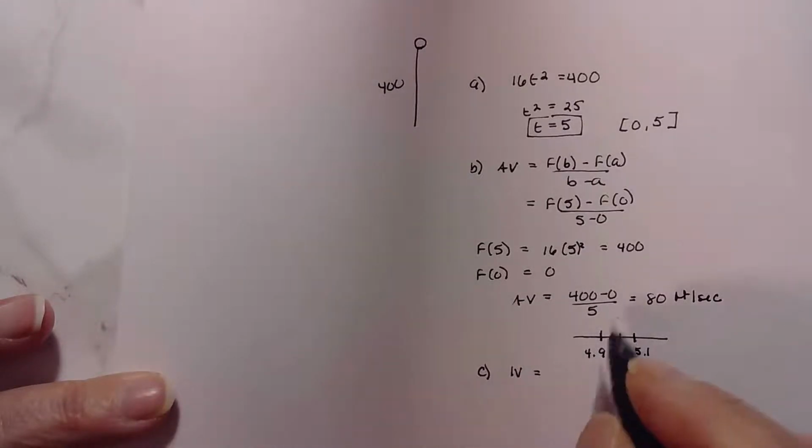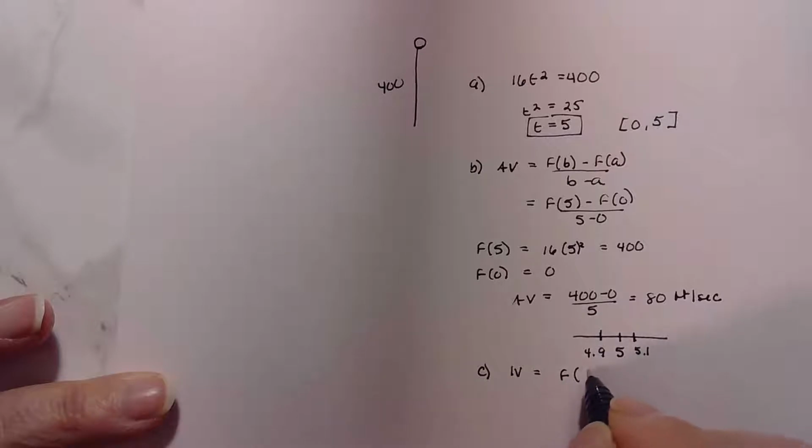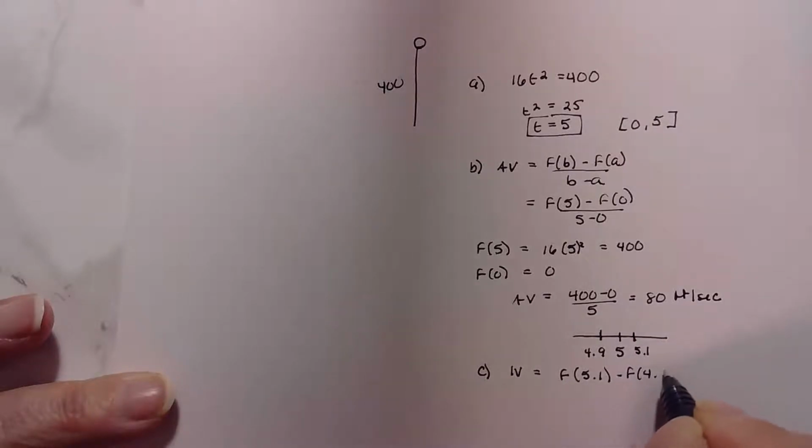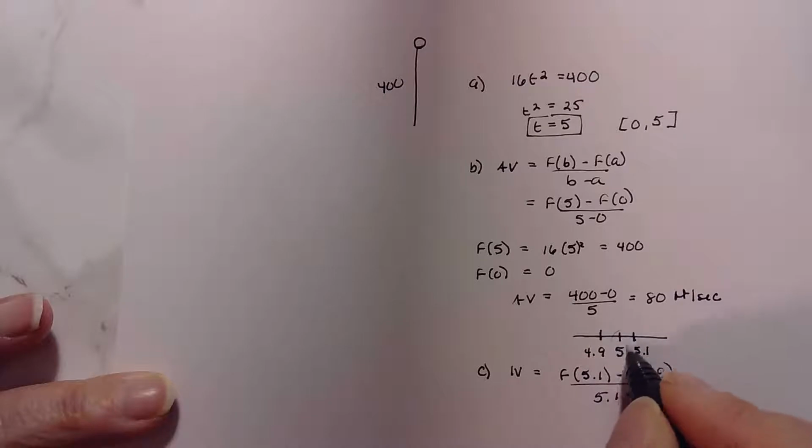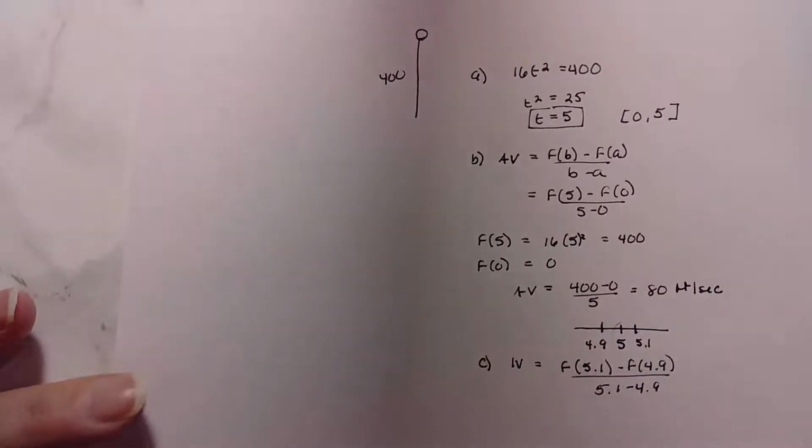So you could say, it's f of 5.1 minus f of 4.9 over 5.1 minus 4.9. In other words, this is right in the middle, so you're encompassing it within.